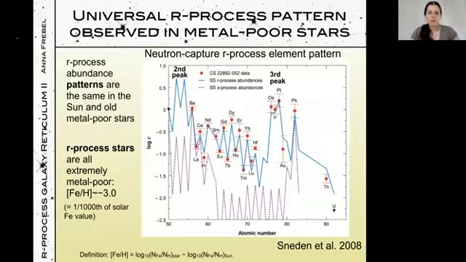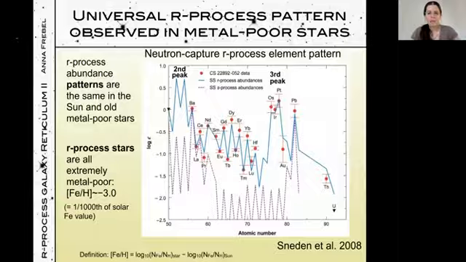To cut a long story short, let's look at the abundances first, because this is what I'm primarily presenting today. You can see here in blue the so-called R-process pattern. Abundance is on the y-axis, atomic number on the x-axis.